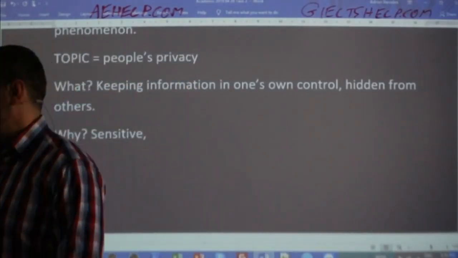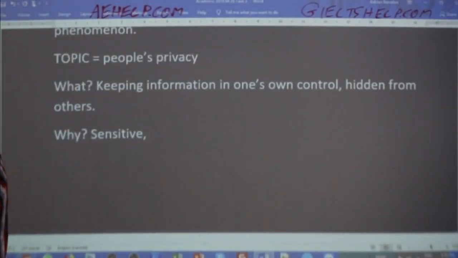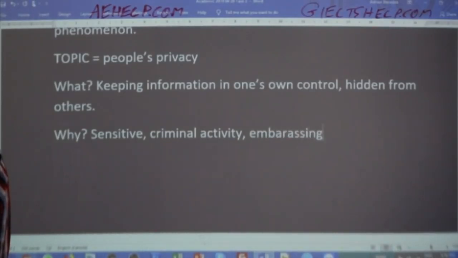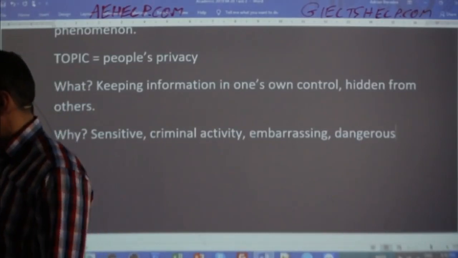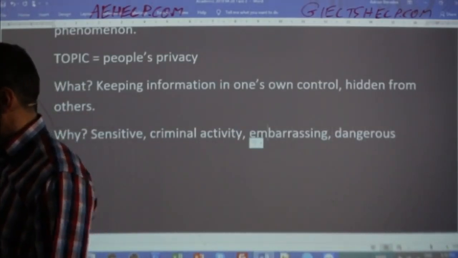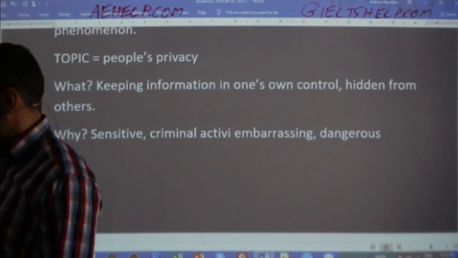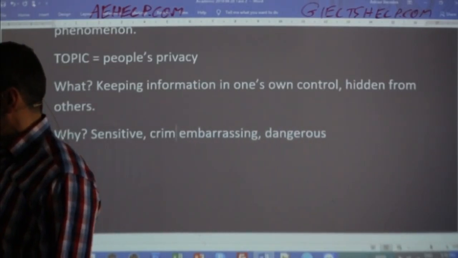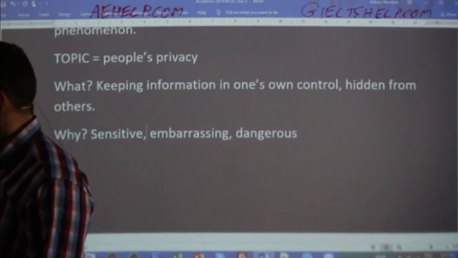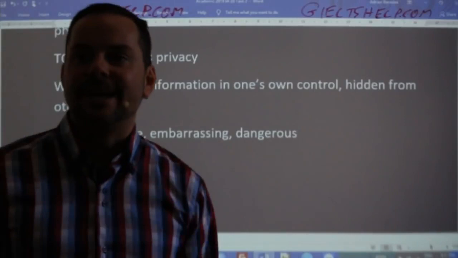So it could be embarrassing. It could be used for crime. Yeah, so it could be dangerous, right? Instead of criminal activity, let's say dangerous if it's revealed. So it's embarrassing, it's sensitive, it's dangerous.